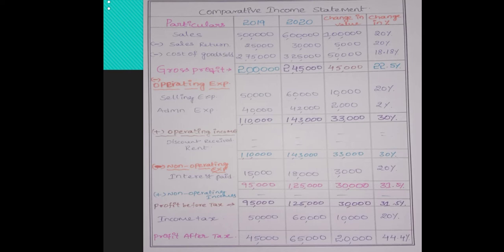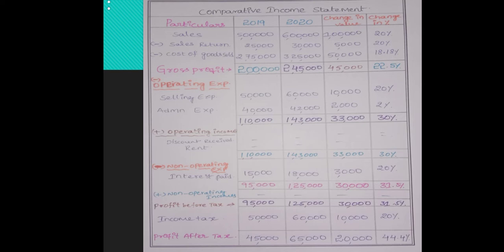Operating expenses are nothing but the expenses which a company incurs regularly, monthly, that kind of expenses are taken here. So selling expenses and administrative expenses happen every day, every week, every month. That kind of expenses are called operating expenses.